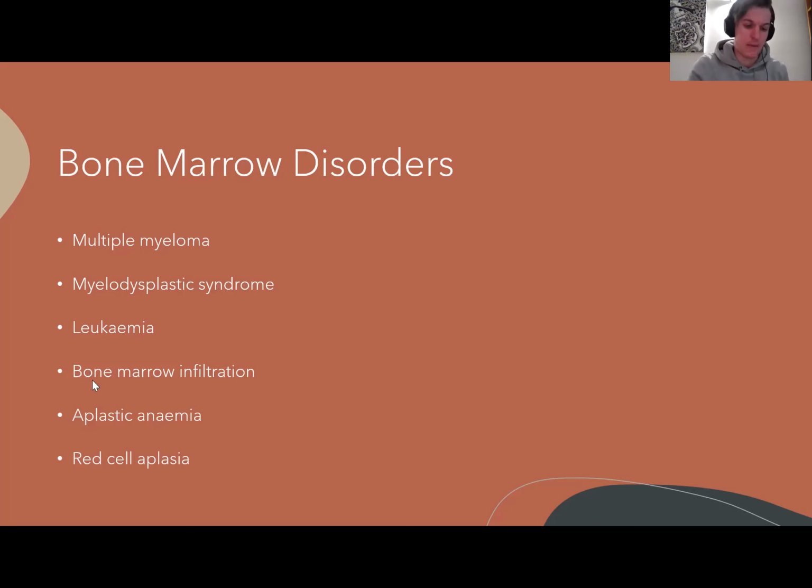And pure red cell aplasia is typically caused by an infection from parvovirus B19. It targets the erythroid progenitor lineage, and it means that red blood cells just aren't produced, and you get the effects of anemia, but you don't have those effects of infection or bleeding or bruising that you would see with an aplastic anemia.